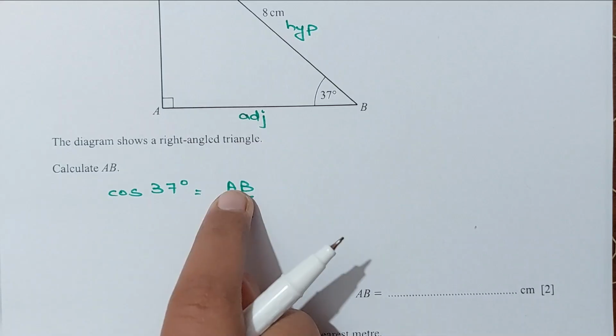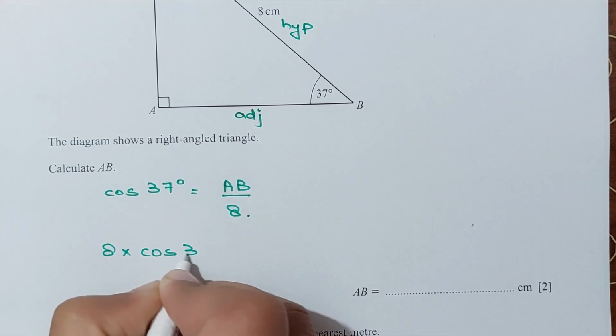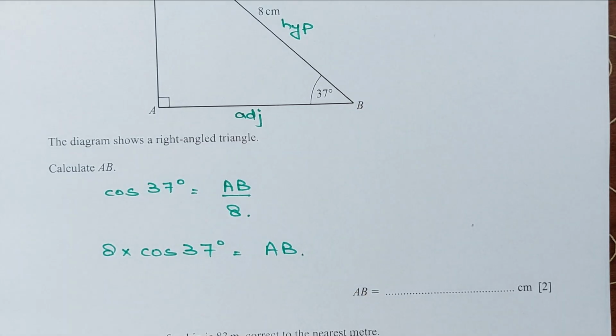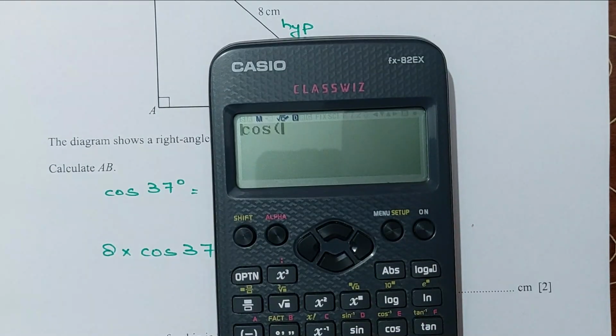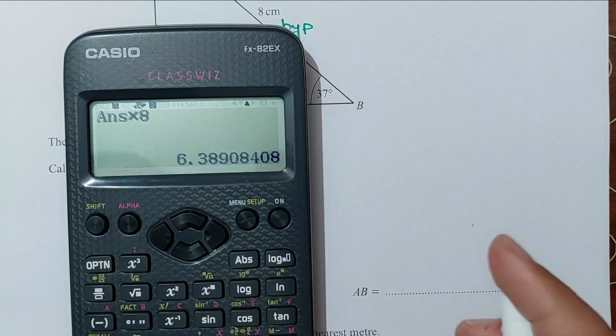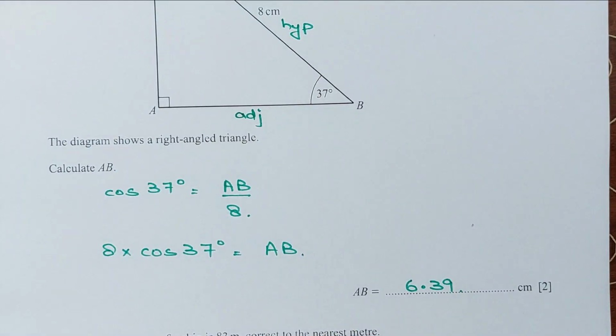Solve for AB. Cross multiply. 8 times cos of 37 degrees equals AB. Simplify. Cos 37 degrees times 8 is 6.39 centimeters up to 2 decimal places.